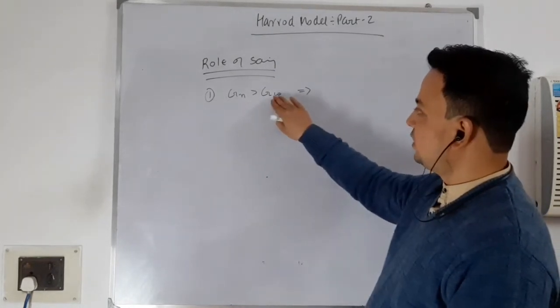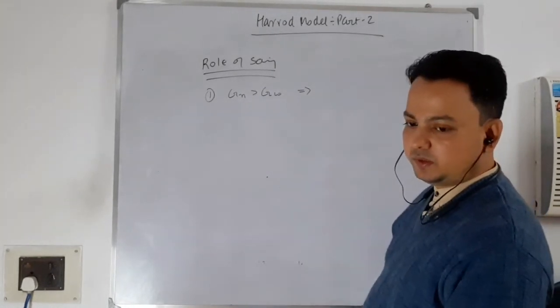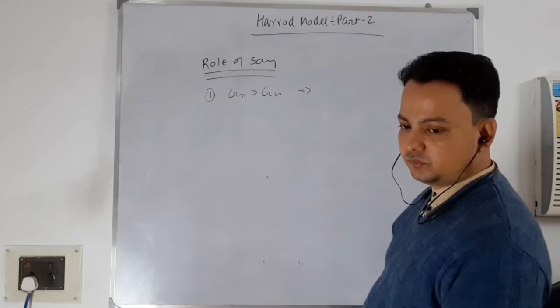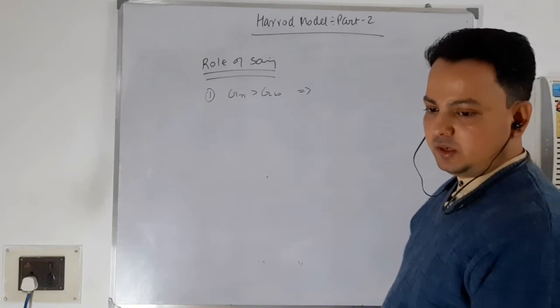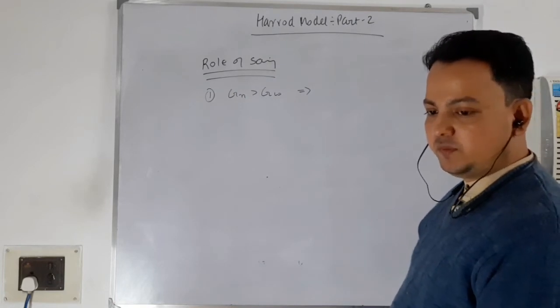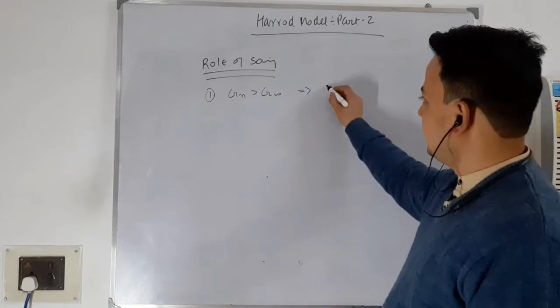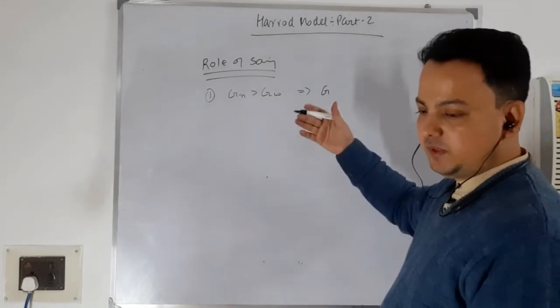Growth in population is more than growth in capacity output. What will happen? Unemployment will be there, and second, there will be a secular inflationary trend. There will be inflation in the economy.